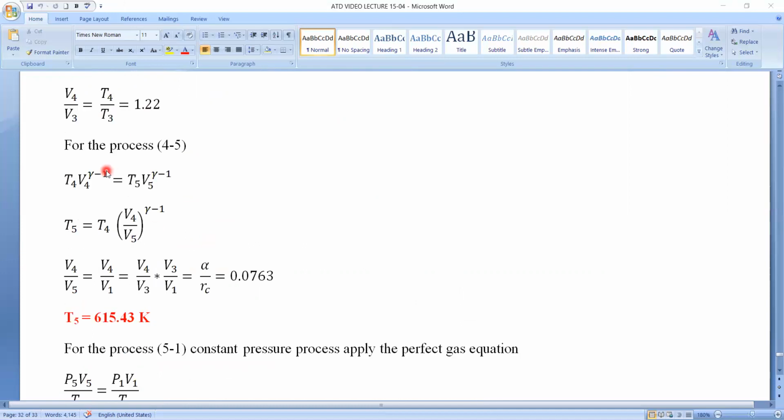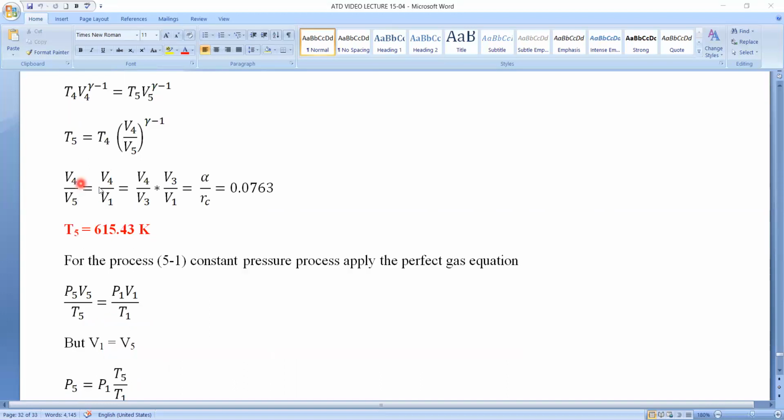Now let us get the temperature at the fifth state. The process 4 to 5 is an adiabatic expansion process. We know that for an adiabatic process, the TV relationship is T4 V4 to the gamma minus 1 equals T5 V5 to the gamma minus 1, or T5 equals T4 into V4 by V5 to the gamma minus 1. Let us do the rearrangement for our convenience.